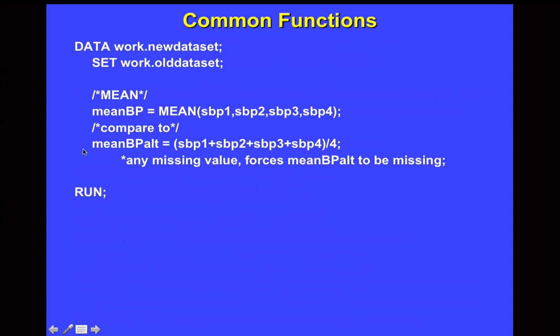You could compare this below to this second variable, which I named mean BP alt, which simply uses a mathematical expression. It takes the average by first calculating the sum and then dividing by the number of values in the numerator. So this is an alternate way of doing it. It can be a little more cumbersome if there are a lot of arguments that you want to take the average of.